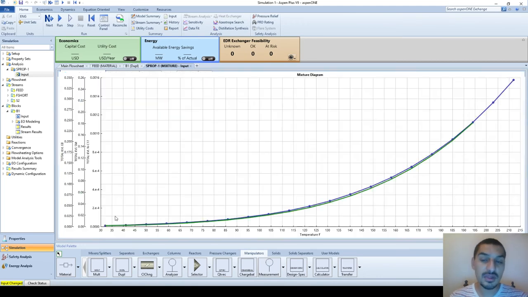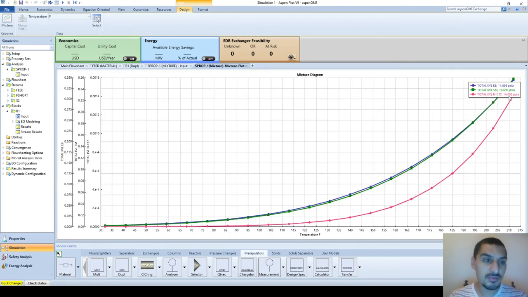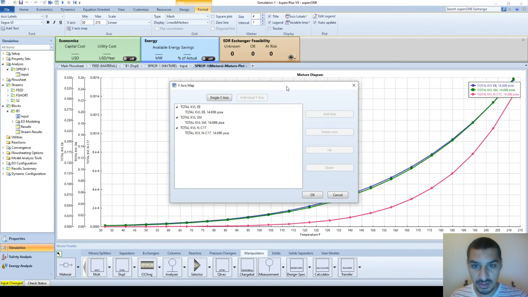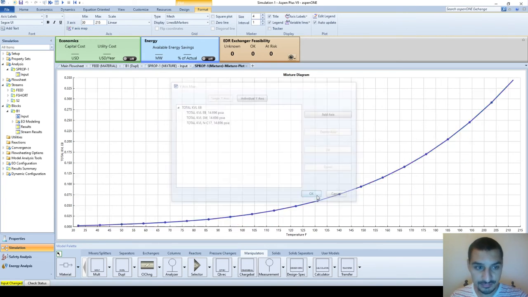And by running the analysis, we can see that I have a plot of the K values versus the temperature. It seems from the first look that the K value of the ethyl benzene and styrene are very close together, but if you take a look at the y-axis, you'd see that the scale is different. So we need to make the y-axis single.